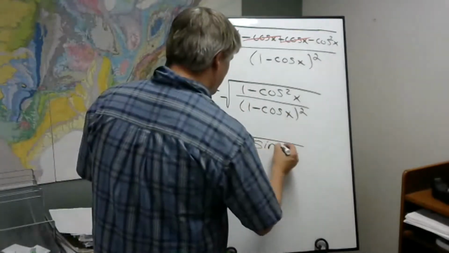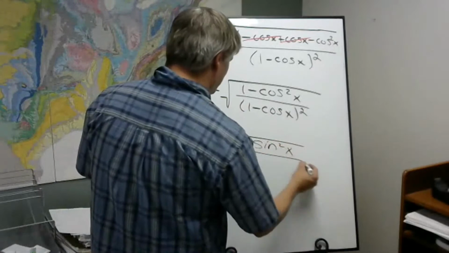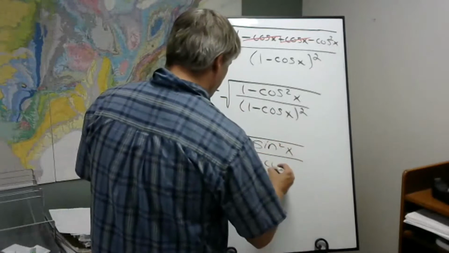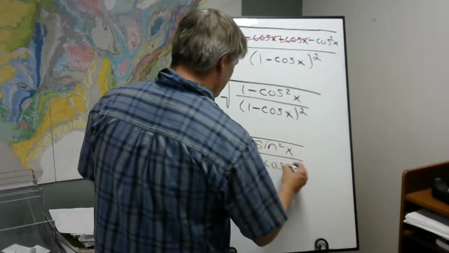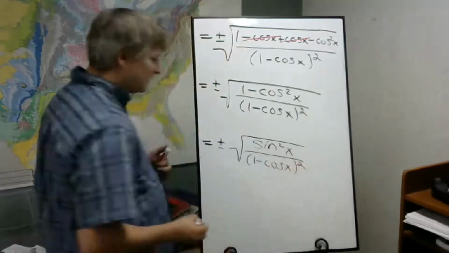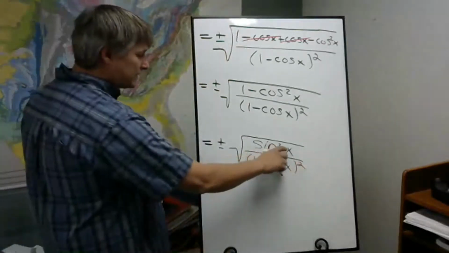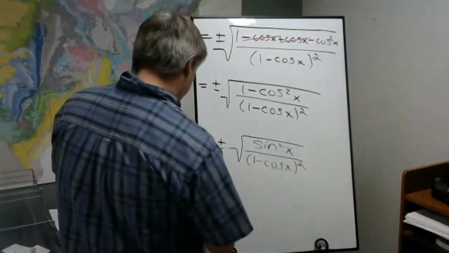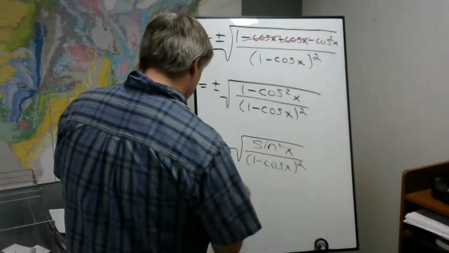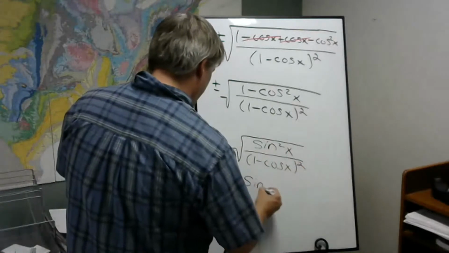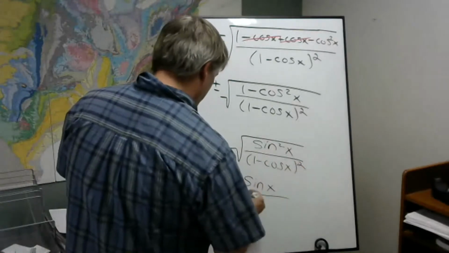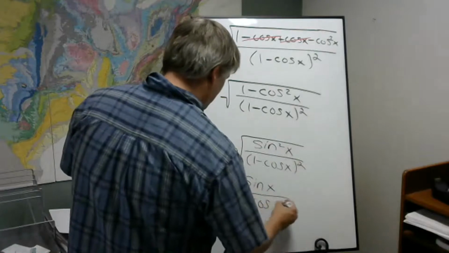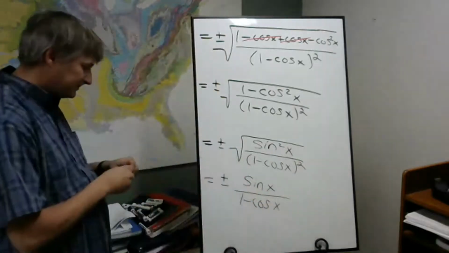Ah, so this is working out. And sure enough, take the square root of the top and the bottom. What are we going to get? Sine x over 1 minus cosine x.